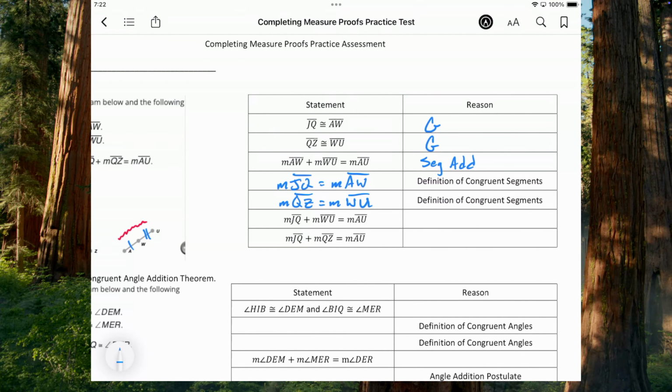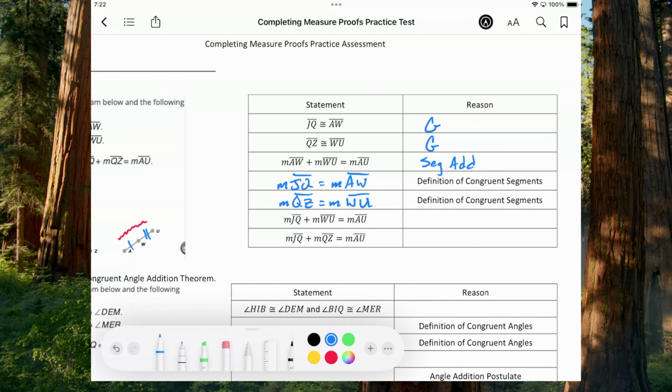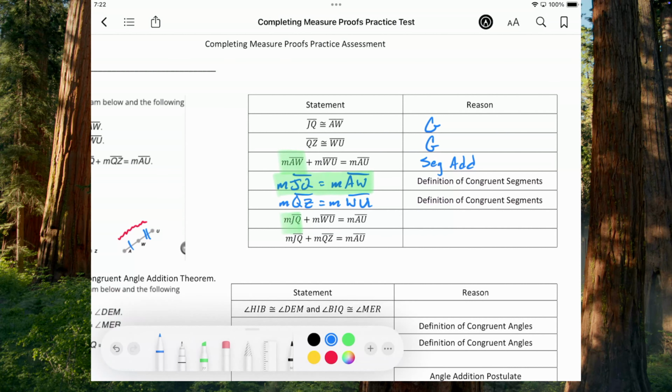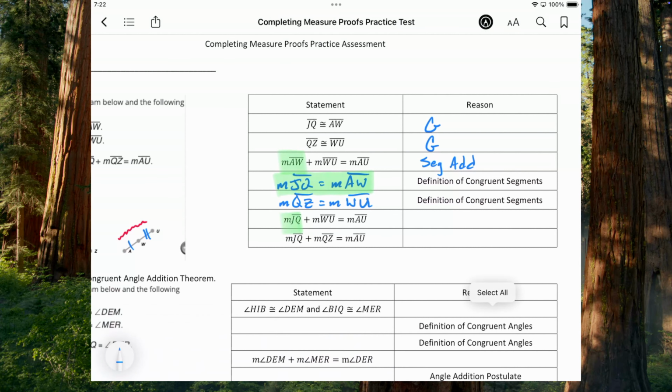And so now what we've got to do is notice that JQ and AW, their measures are equal, so I can replace AW here with JQ here. That is going to be substitution.